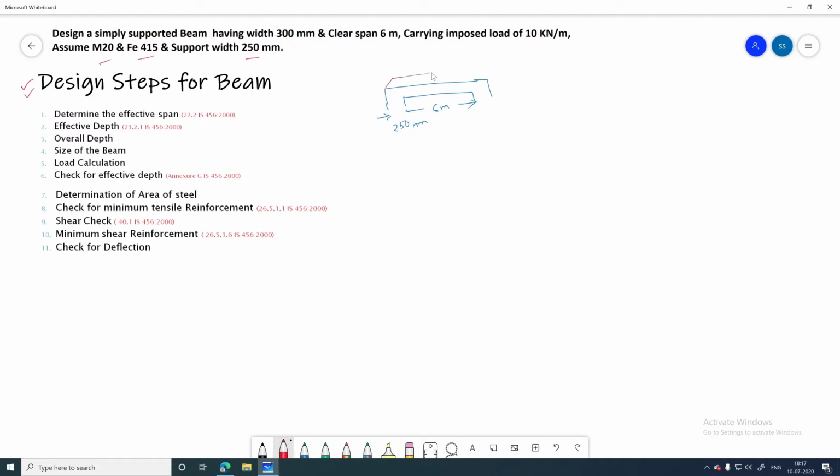That means in this direction that is 300 mm, right? Now let's start the problem with the steps.